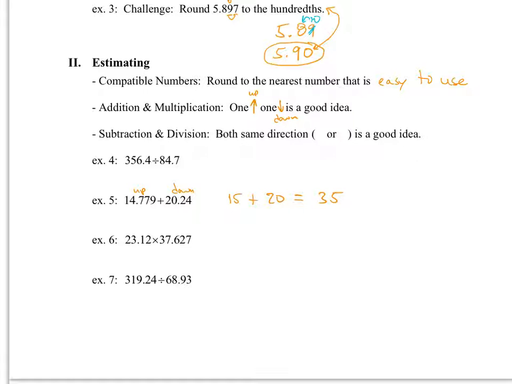So this one, you could round, let's say this first number down to 20, because it's easy to multiply by 20, and maybe this one up to 40.